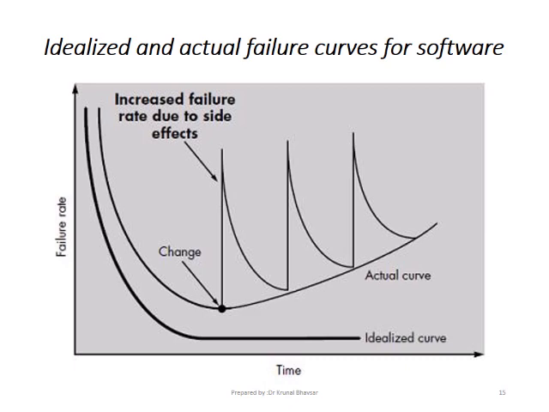The idealized curve is just the same as hardware, but with some differences: the failure rate increases due to side effects when changes are made in the software, and we can update it and keep using it. That is possible on the software side. And the actual curve works just like our heartbeat line, up and down.